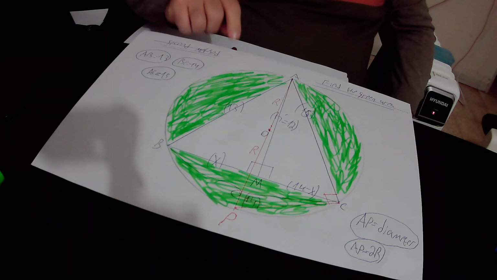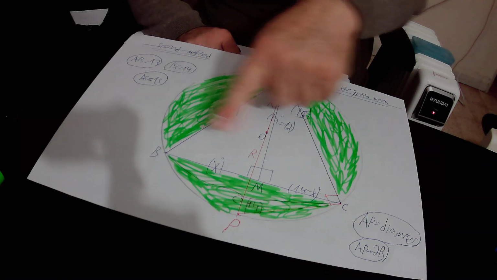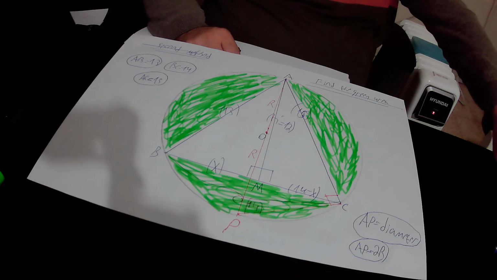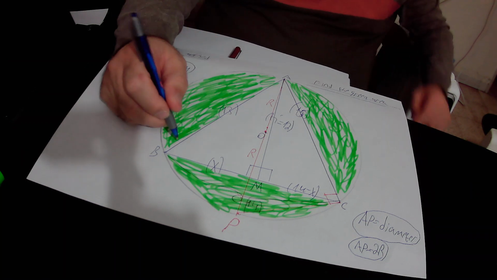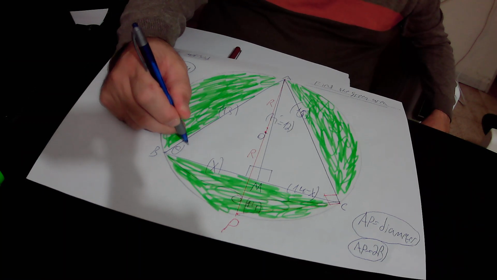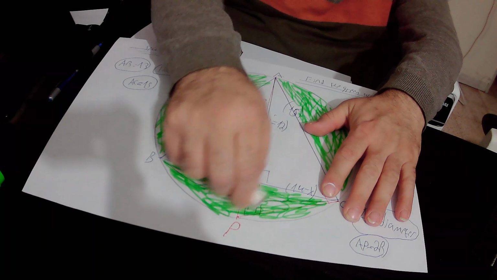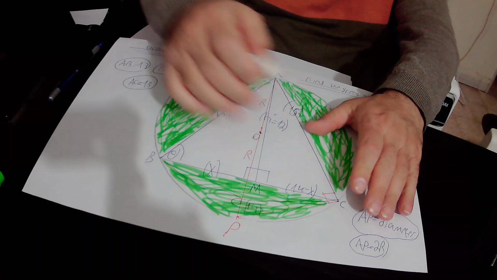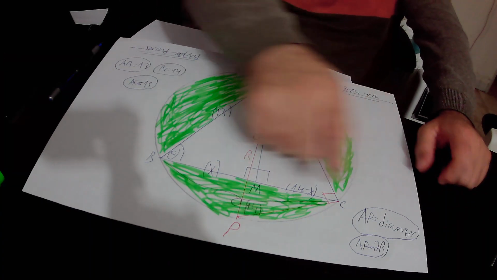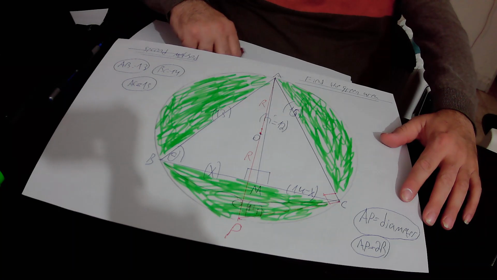That is to say, if we define peripheral angle ABC as theta, then the other peripheral angle APC must be also equal to theta in its size.